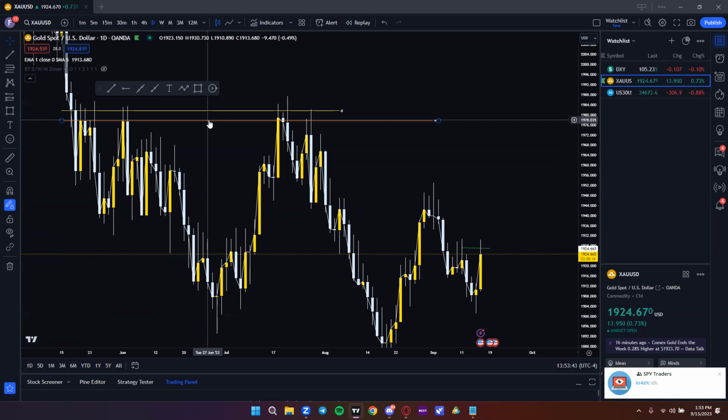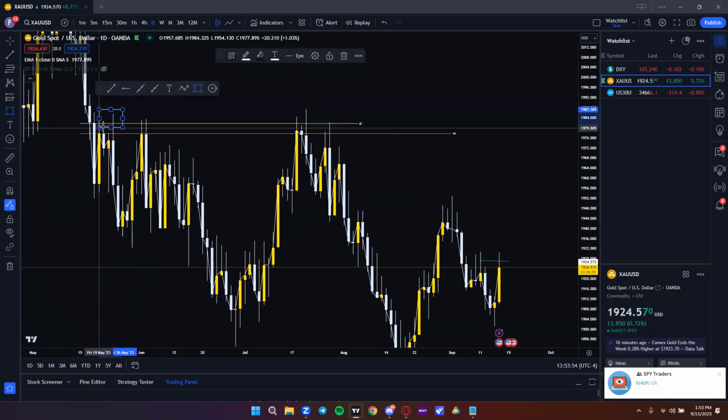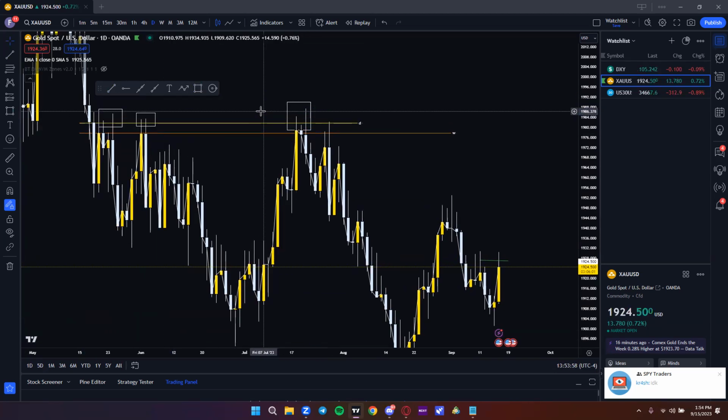For this scenario, we can see evidence of that refinement. So you see how this level was rejected many times. It might be a little bit confusing to you, a little strange that these levels are okay to use, because you're used to understanding SNR as trading from fresh levels.